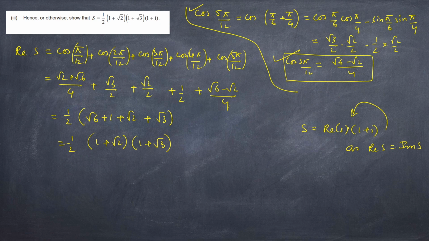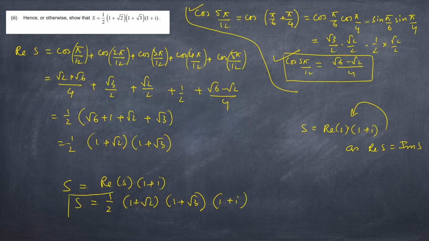So S equals real sum into 1 plus i. We can write the real sum as 1 by 2, 1 plus root 2 into 1 plus root 3, and this part, that is 1 plus i, is multiplied. So the value of S is determined. In this way this problem is also done.